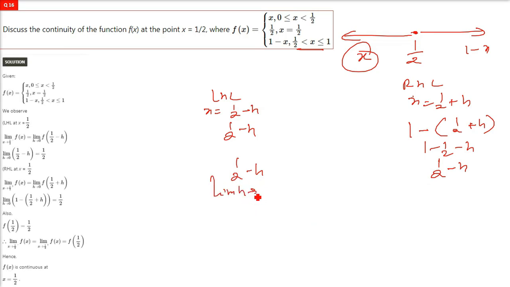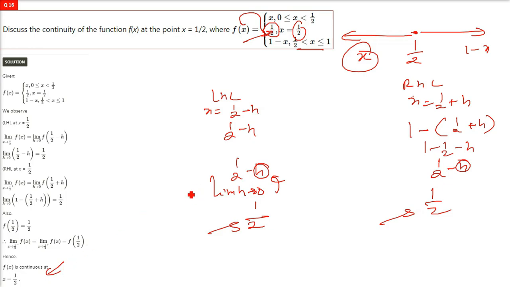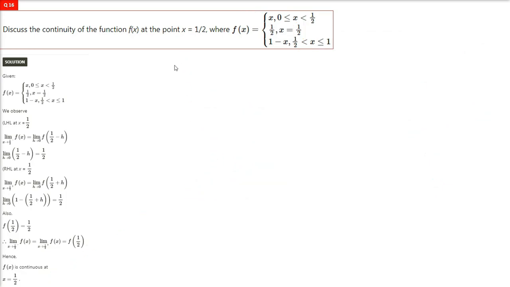So LHL, RHL both half. Same thing we are going to apply here, h is 0. So half and half. Now you see the value of the function at x equals 1 by 2 is also half. So LHL, RHL and the value of the function at half is all half. So the function is continuous at x equal to 1 by 2.